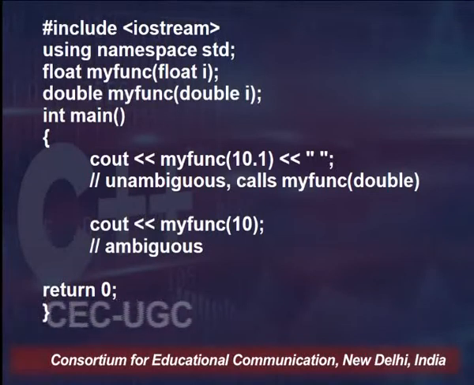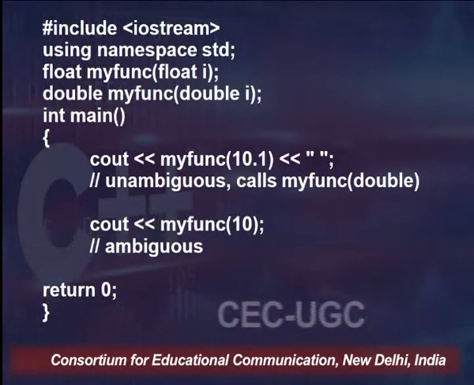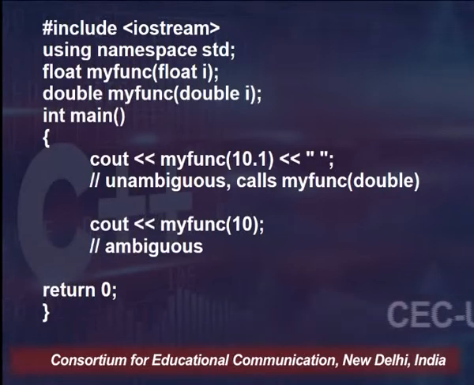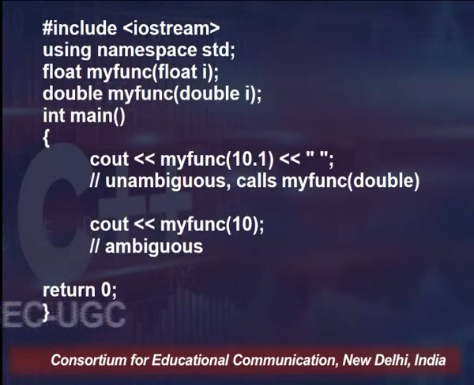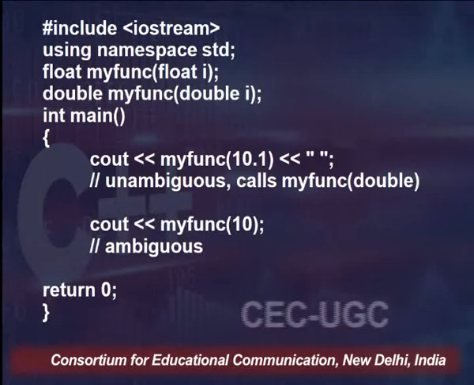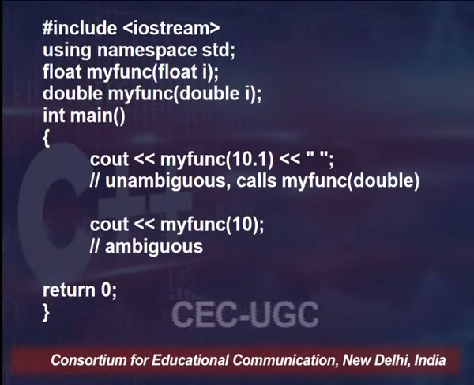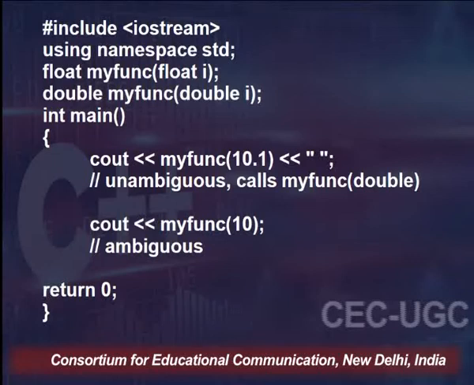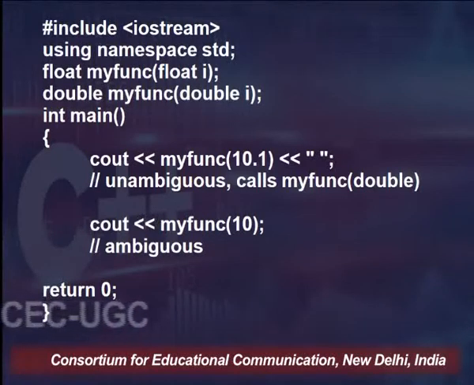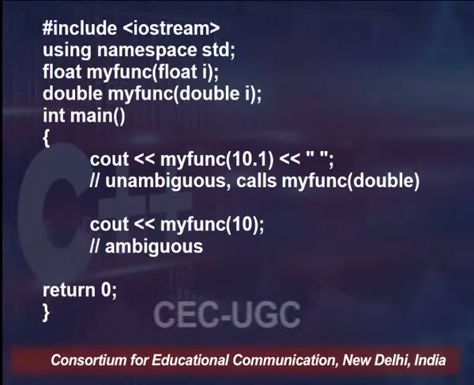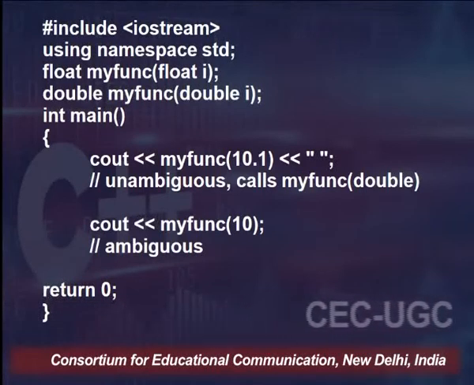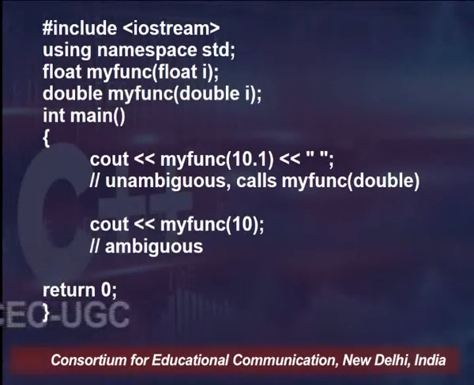In main, I am calling these two versions. Now see what is happening. One call is cout myfunc with 10.1, and another call is cout myfunc with 10, along with a return 0. Before going into the ambiguity, let us see what these functions are doing, because till this point we have just seen the prototypes.